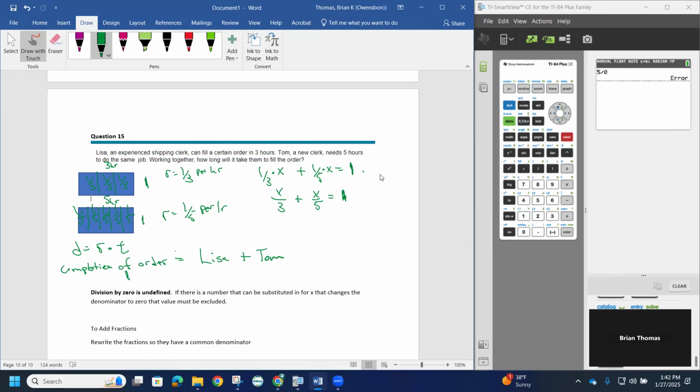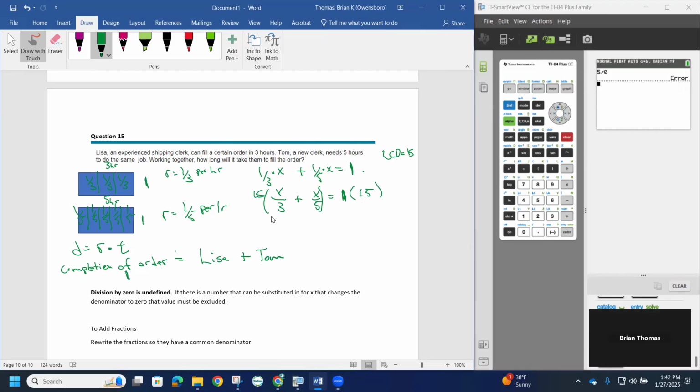So what we can do to start with is get rid of fractions by multiplying by the least common denominator. Notice there's a 3 and a 5 there, so we need to multiply each side by 15. Since this is an equation, we multiply this side by 15, and we multiply this side by 15.